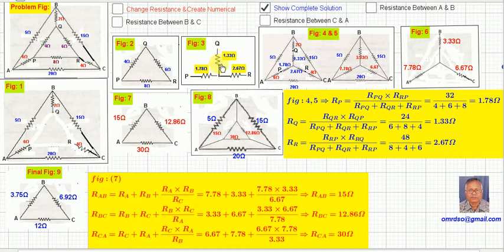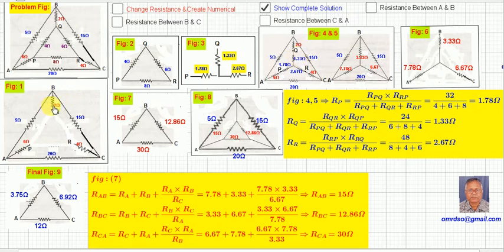Now next, what I have done is put this star in the same figure. I got figure number 4. Here it is 5, 15 and 20, and this 4, 6, 8 is converted like this: 1.78, 1.33, 2.67. I have put it here.